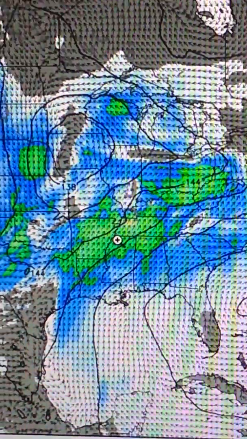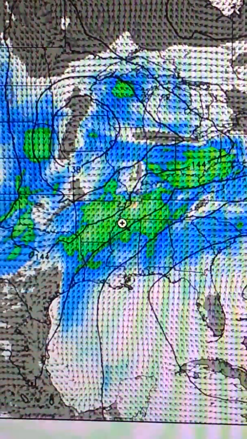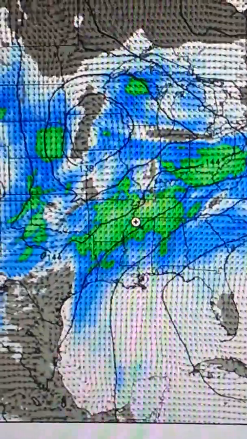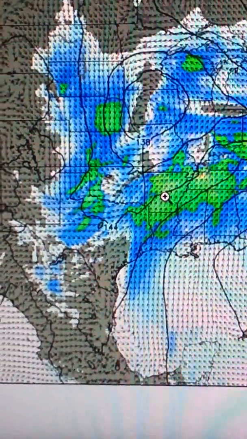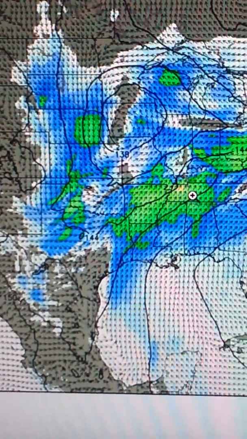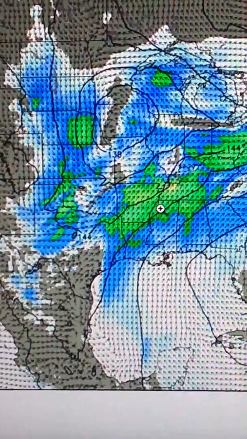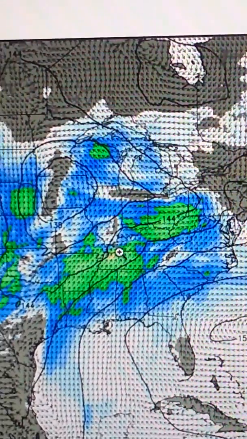So the low-level jet adds to shear, it adds to instability and moisture. So it's actually more prevalent not in Texas and Oklahoma, but in Arkansas, Missouri, Tennessee, and Mississippi and Louisiana there, north areas here.